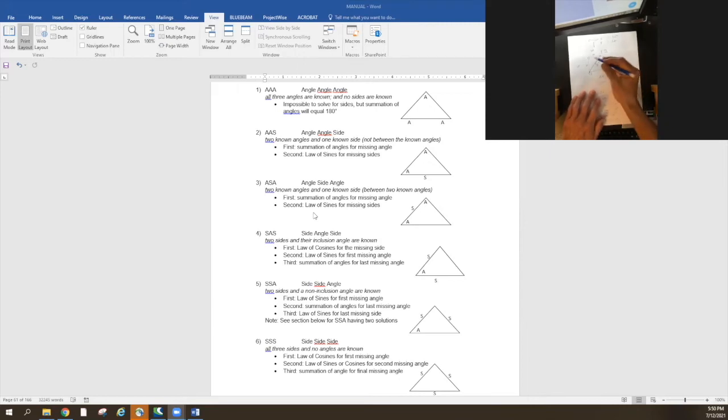Now that I have three sides, I can generate an angle here if I wanted. Let's just pick sine. Sine of this angle is going to be opposite over hypotenuse. So sine of x, let's make this x, equals opposite 100 divided by hypotenuse.